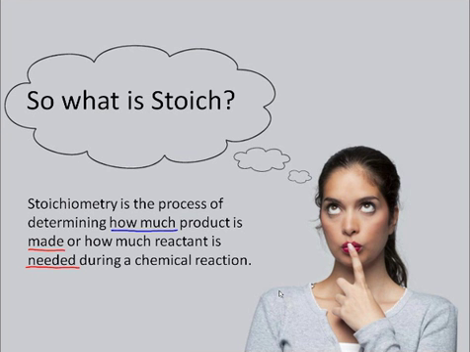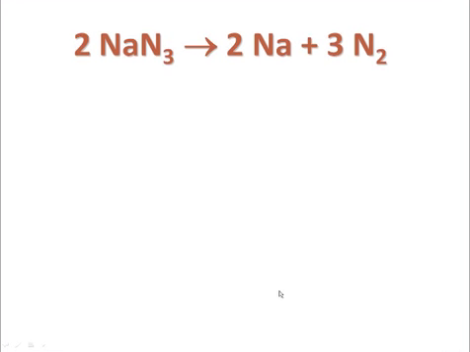This is very similar to something like a recipe. If I'm going to be making this many chocolate chip cookies, how much of the baking soda am I going to use inside my recipe, and so forth. Alright, so going back to our equation again, the really important part of stoichiometry is this ratio from our balanced equation, these coefficients that we have here.